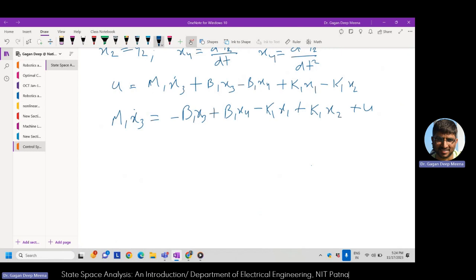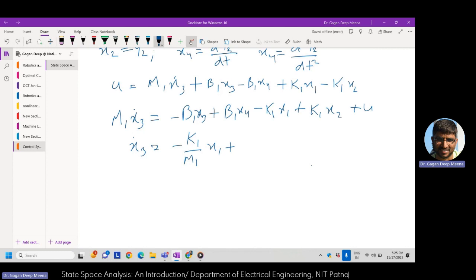And finally x3 dot equals minus k1 by m1 x1, and we are just rearranging beginning from x1, x2, x3, so it would be easy to make the final matrix out of these equations.